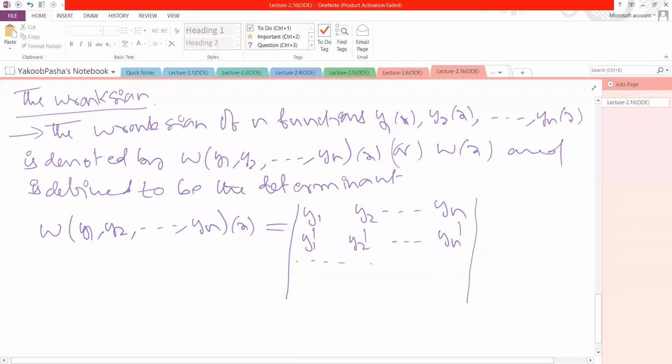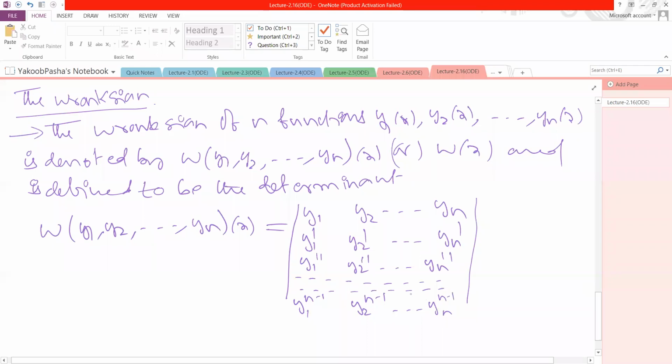Next we take second order derivatives y1 double dash, y2 double dash, up to yn double dash, and so on, continued up to the n minus 1th derivative: y1 power n minus 1, y2 power n minus 1, and so on yn power n minus 1.